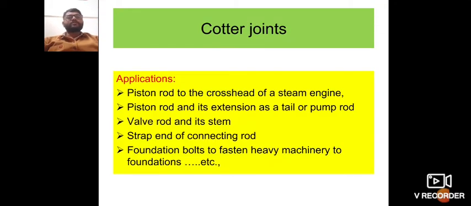Next application is strapping of connecting rod. Next, foundation bolts to fasten heavy machinery to foundations. Other applications of quarter joint are to join piston rod and tail of pump rod, or to join spindle and fork of the valve mechanism.